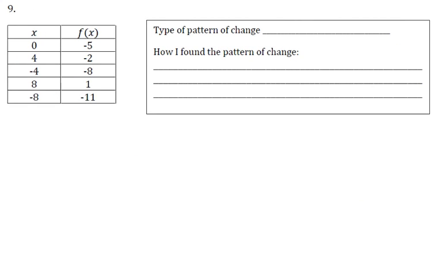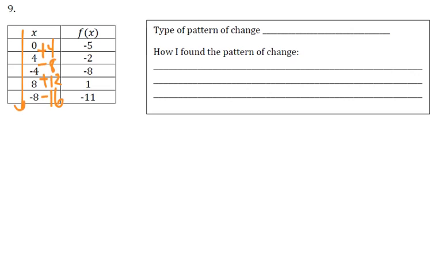Alright, number 9. So let's take a look at this one. So our inputs. Well, we're adding 4, then we subtract 8, then we add 12, then subtract 16. Okay. So, is there a way to think, well, we can't multiply because of the 0. So are these equal intervals?